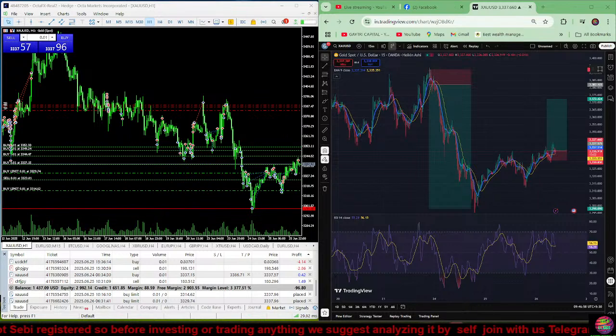Let me show you. If we were to enter this trade at this point right here, let's say the market is already having some sort of rejection from this point, and we enter here. Our stop loss has to be under the area of interest by 5 to 10 pips. If this is the bottom of the area of interest, we have to measure 5 to 10 pips from this point.